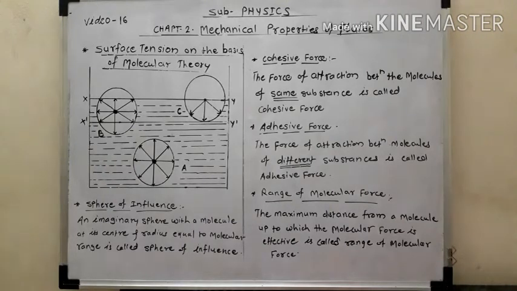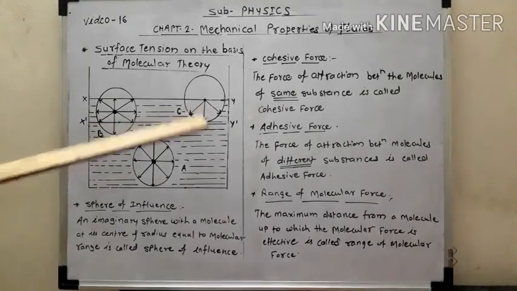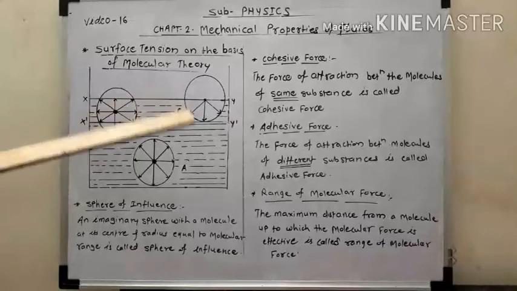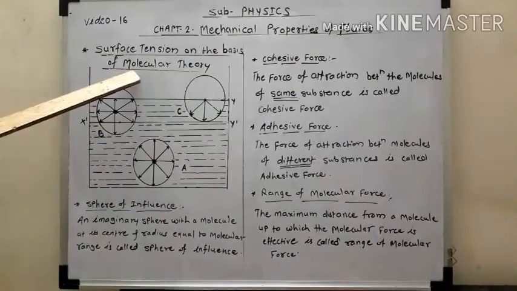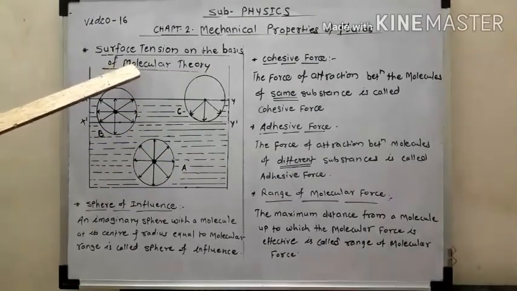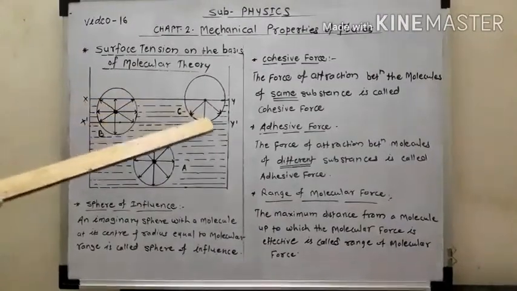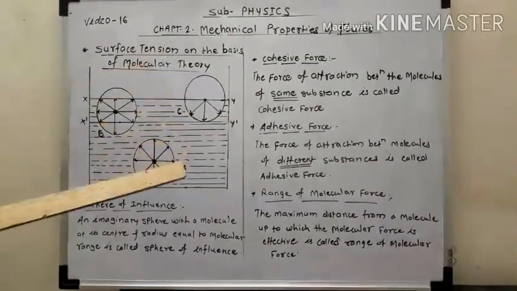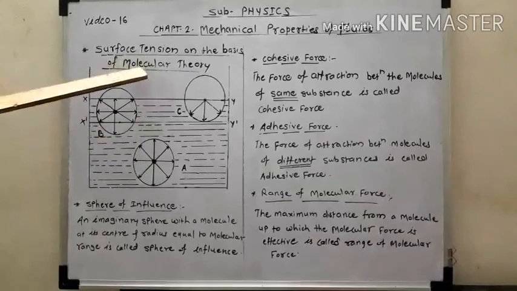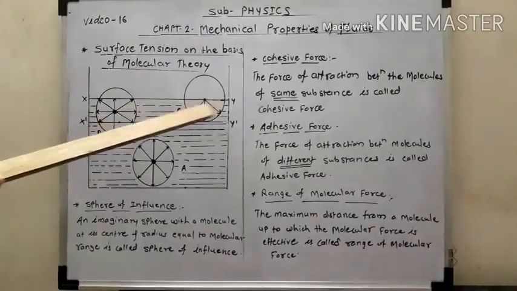The molecule C experiences a downward force, trying to pull it into the liquid. The conclusion is that the downward pull is always greater than the outward pull near the liquid surface.